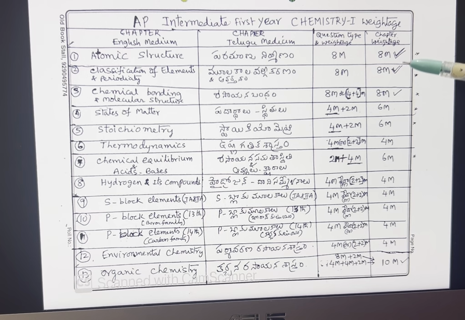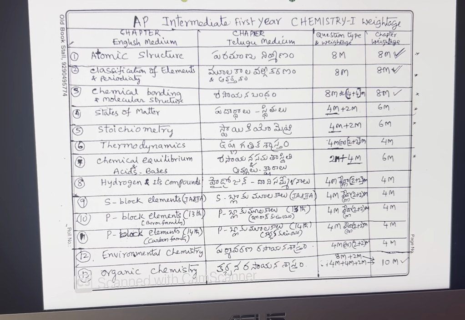There are 8 marks chapters, some 6 marks chapters, and some 5 and 4 marks chapters also. According to their importance, the weightage of marks and of questions relating to the marks will be given in the examination paper.